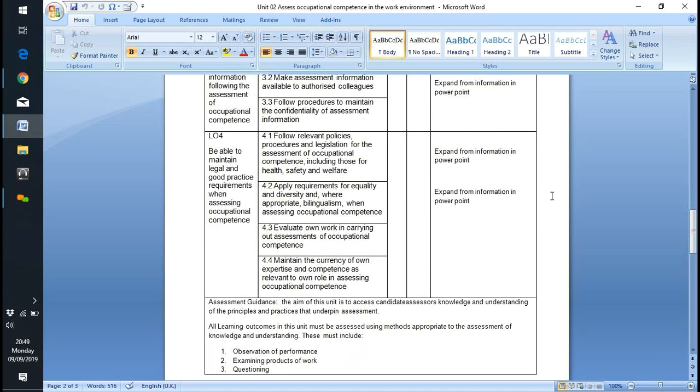So next one, 4.1 is follow relevant policies and procedures and legislation for the assessment of occupational competence, including those, oh, I've mentioned this one, health, safety and welfare. So when you have to be in a workplace, let's say, in the past I've assessed steel erectors right at the top of a building when half of it's not finished, and you've got to go up to the top to do the assessment.